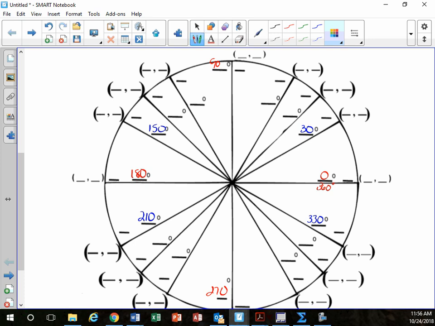So what do you think is going to be my next degree in here? 45. So I'm going to make mine green. You do whatever color suits your fancy. Now, 2 ways you could think about this. You could go 180 minus 45, or even just think how far apart are 30 and 45? 15. So I would just do 15 in whatever direction you're going for.